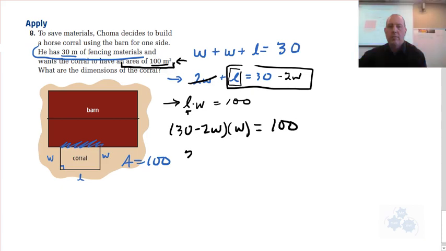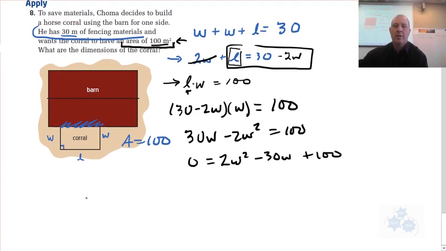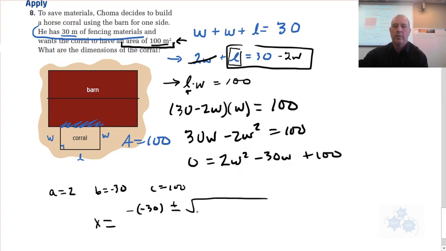So when you multiply this out, you're going to get 30W minus 2W squared equals 100. If you put everything over to one side, you should get this. Right? And then if you use the quadratic formula, A is 2, B is negative 30, C is 100.